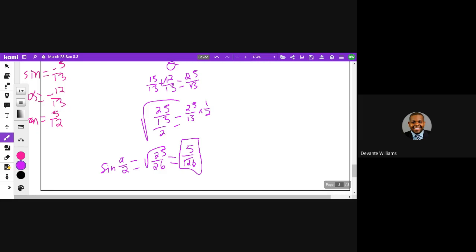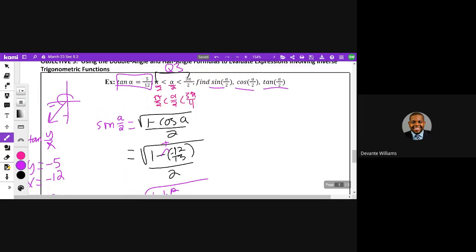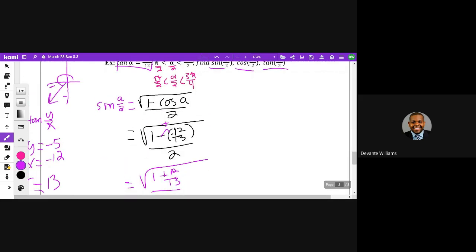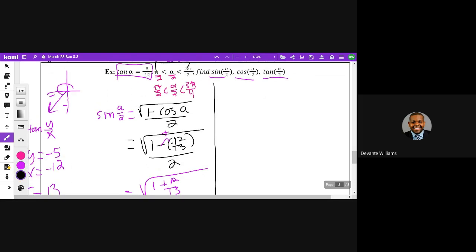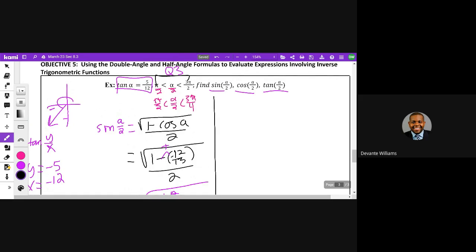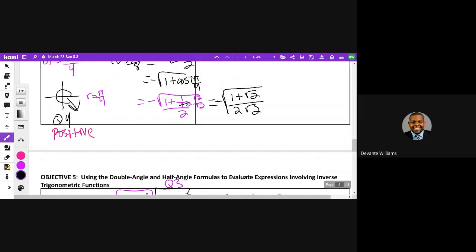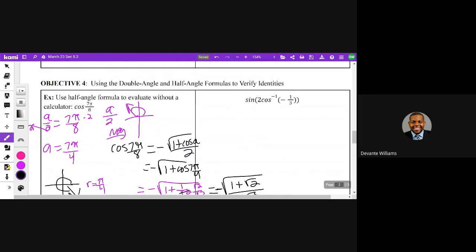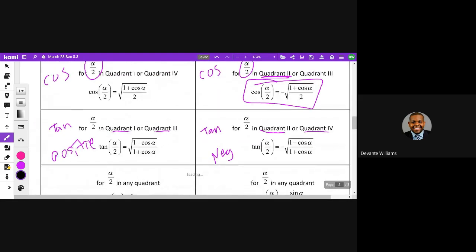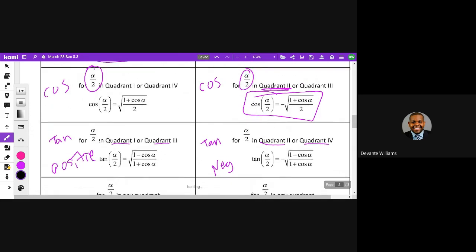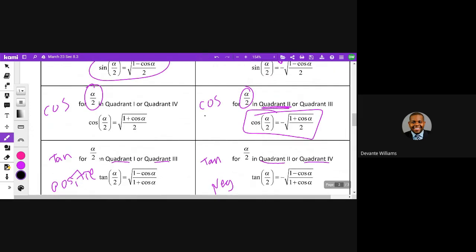All right, now we're going to find the cosine of the half angle. So the cosine of the half angle, looking for it in quadrant 2, remember. So select the right formula, which is right here. We're going to use a negative cosine function.